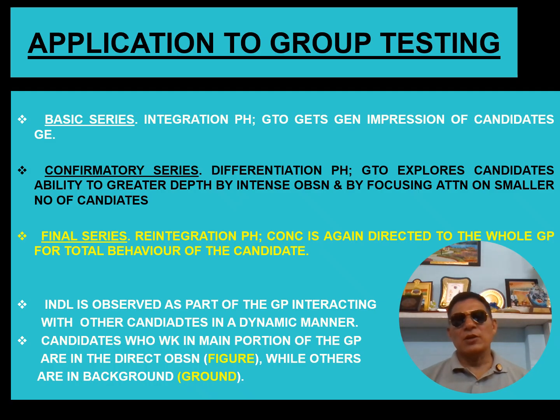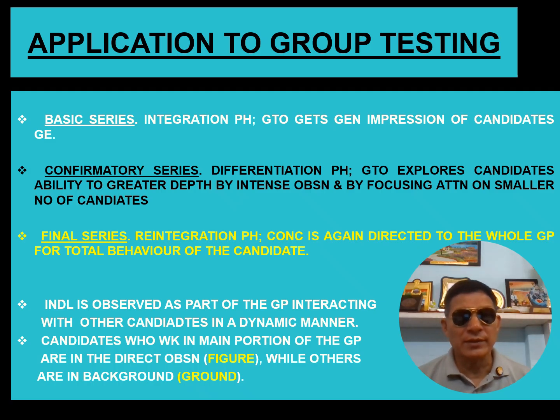Now a lot of understanding has gone into it and they have some bit of experience now. Now the whole group is again together, that is the confirmatory phase of the Gestalt principle. So the individual is observed as part of the group, interacting with other candidates in a dynamic manner. That dynamism has to be seen in the candidate, that is what is being assessed by the assessor there.